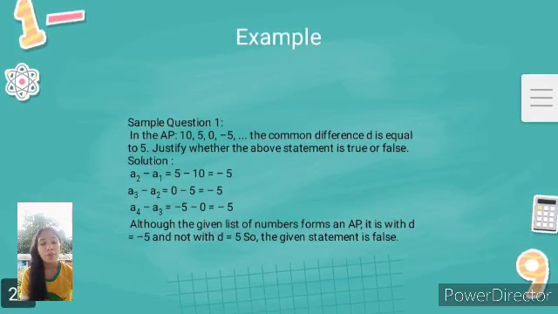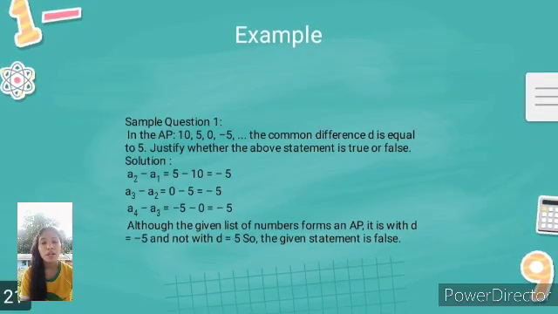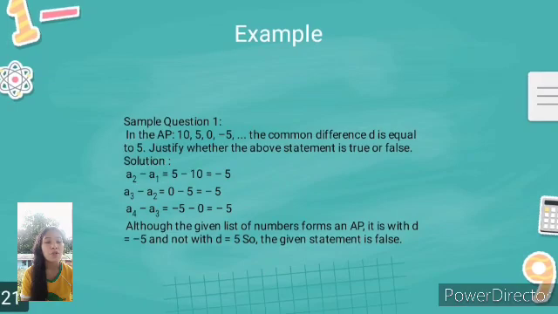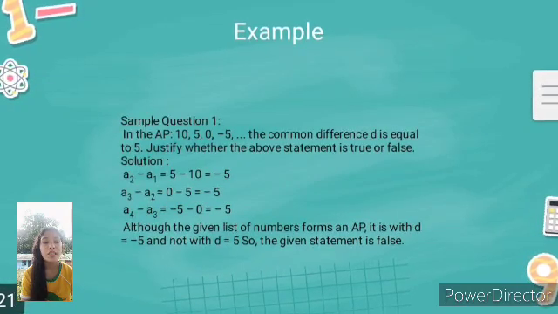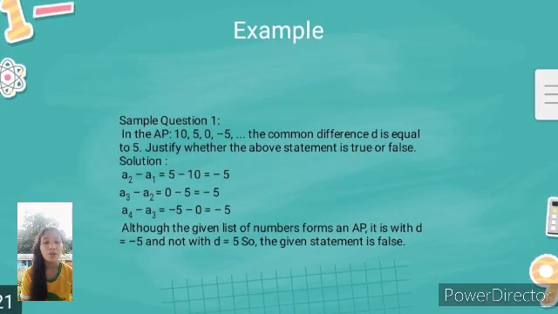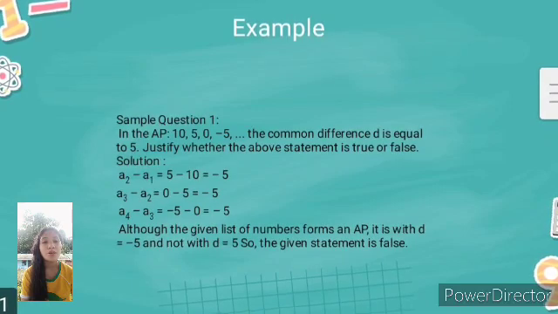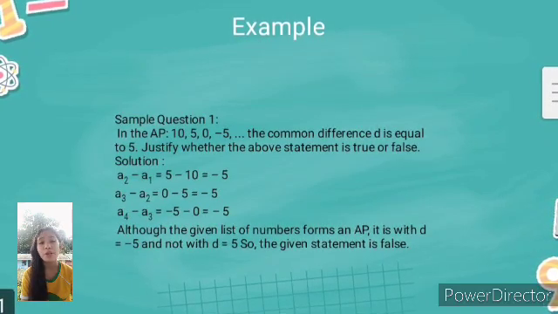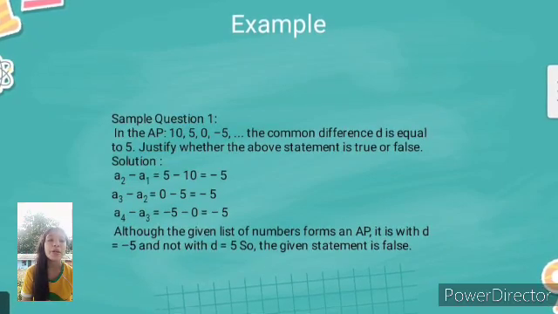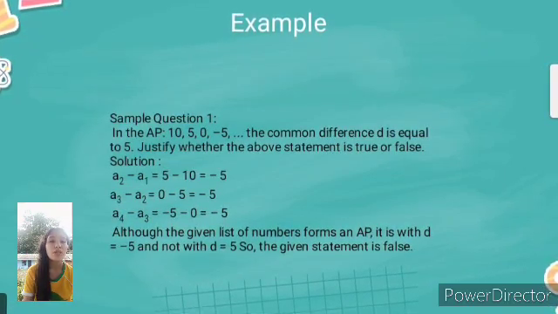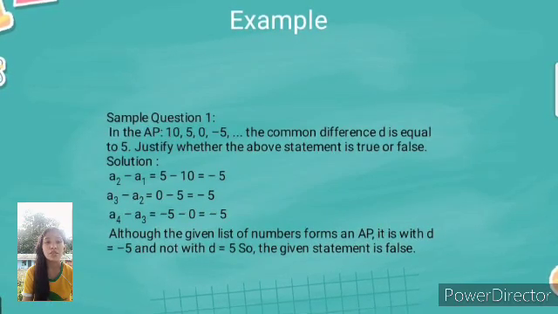Justify whether the statement is true or false with a solution. a subscript 2 minus a subscript 1 equals 5 minus 10 equals negative 5. a subscript 3 minus a subscript 2 equals 0 minus 5 equals negative 5. a subscript 4 minus a subscript 3 equals negative 5 minus 0 equals negative 5. Although the given list of numbers forms an AP, it is with d equal to negative 5 and not with d equal to 5. So the given statement is false.